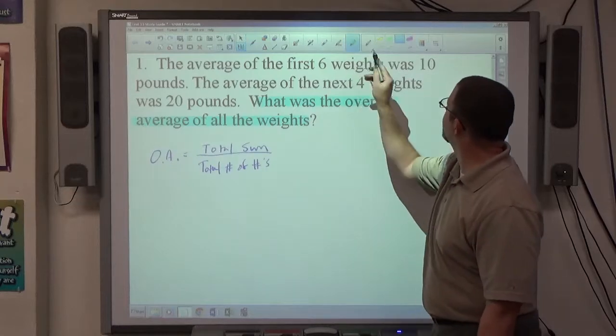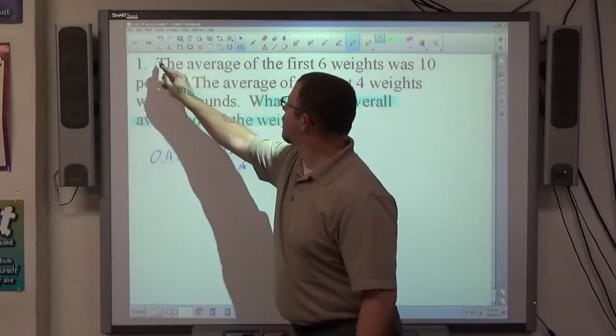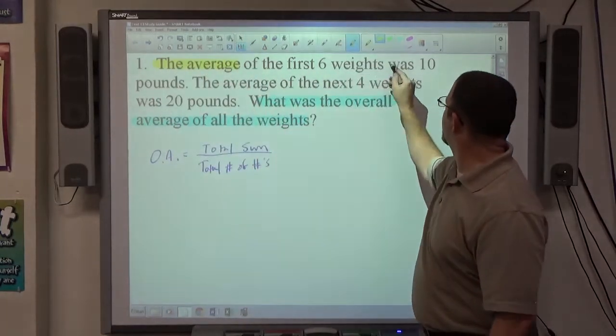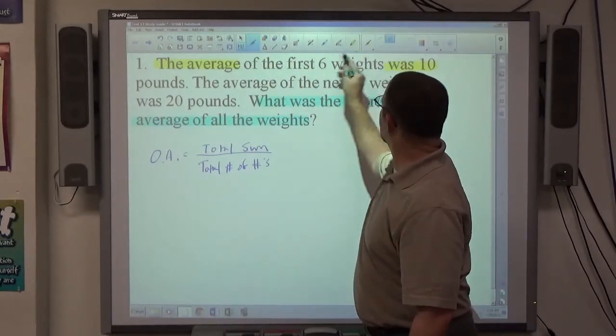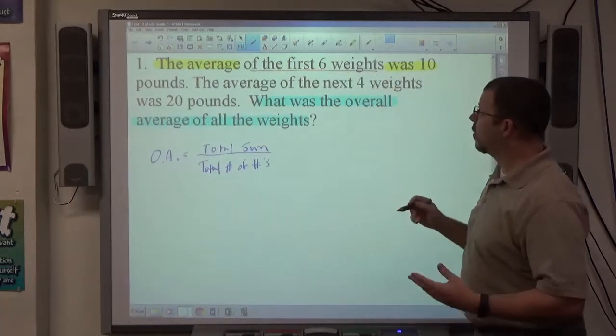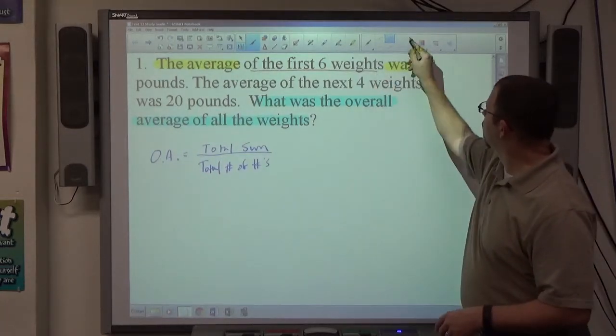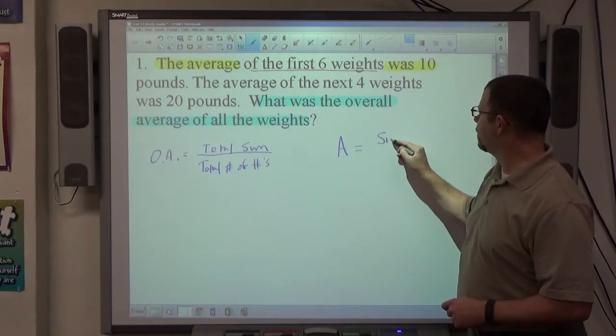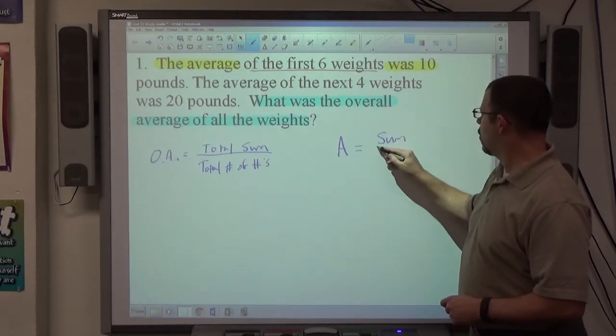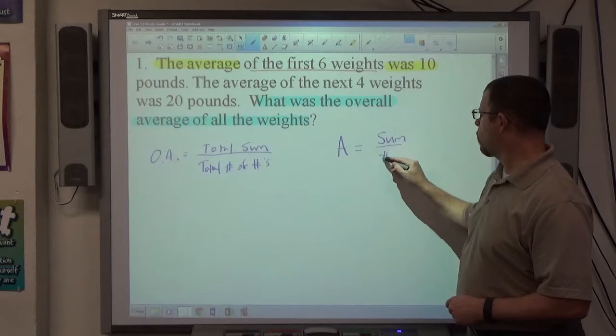Alright, so if we take a look at the first statement, the average of the first 6 weights was 10. So the average was 10, the number of weights was 6. The average is equal to the sum over the number of numbers.